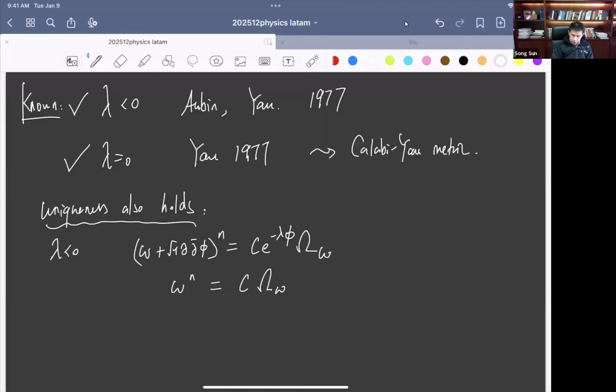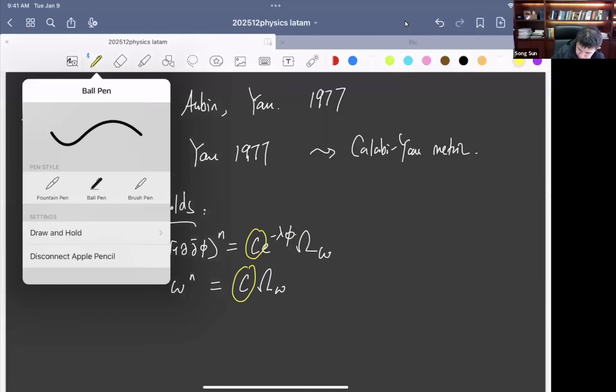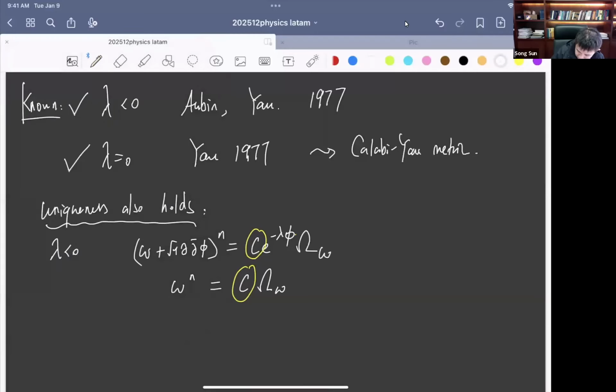By adjusting phi by a constant, we may assume these two c's are the same. Because lambda is non-zero, you can always adjust this c. And then this is essentially the same proof as in the one-dimensional case, it's the maximum principle.